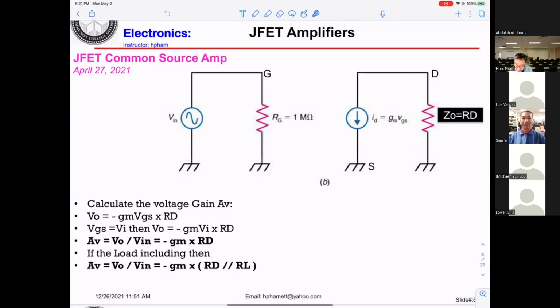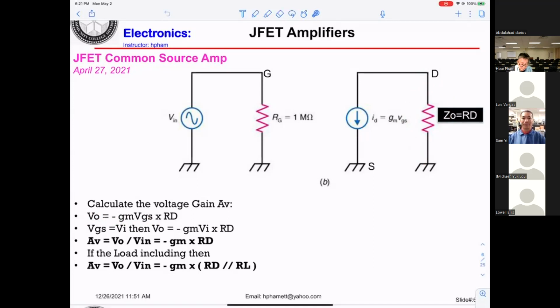And also, you can get the current, GM times VGS. Basically, they are opposite to the VO. So that's why VO will be equal to minus GM times VGS times RD. That's the voltage here.